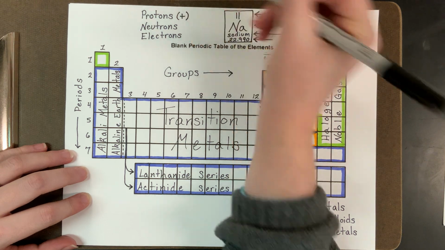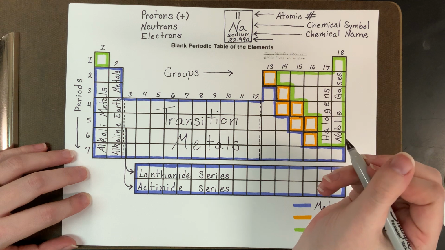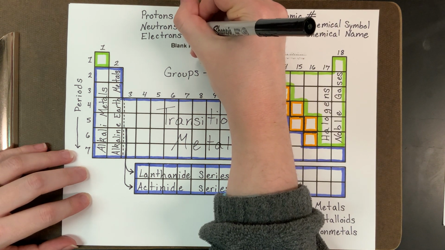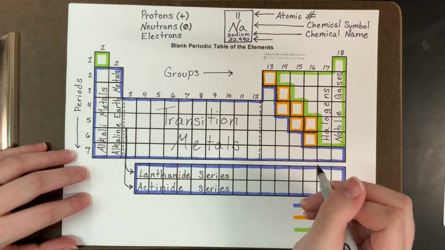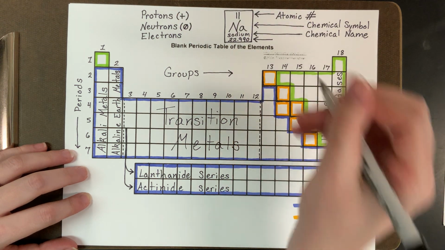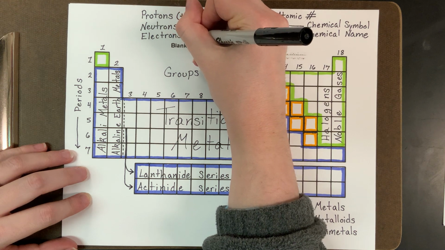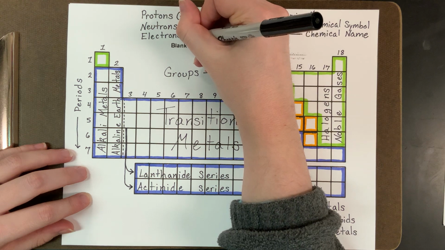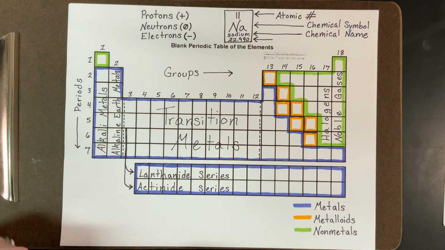Protons are positive. Neutrons are neutral. They have no charge whatsoever. And electrons have a negative charge. Please be extremely careful. A lot of people, not everybody, a lot of people are getting the charges mixed up, so you need to be extremely careful. Protons are positive, neutrons are neutral, and electrons are negative.